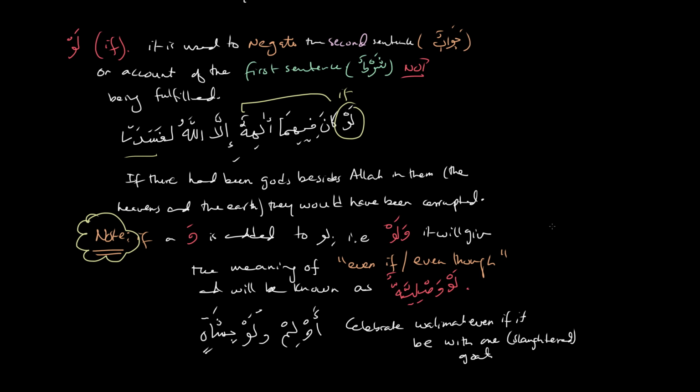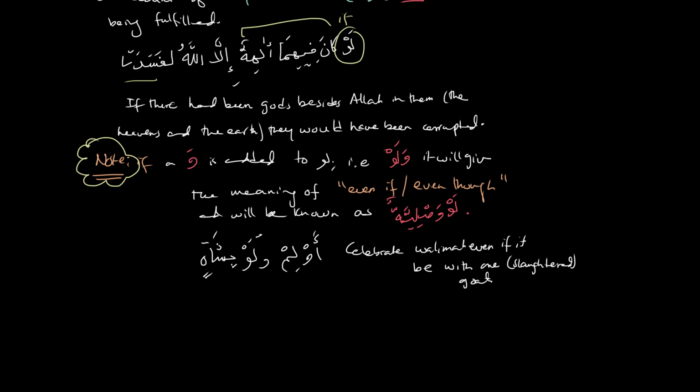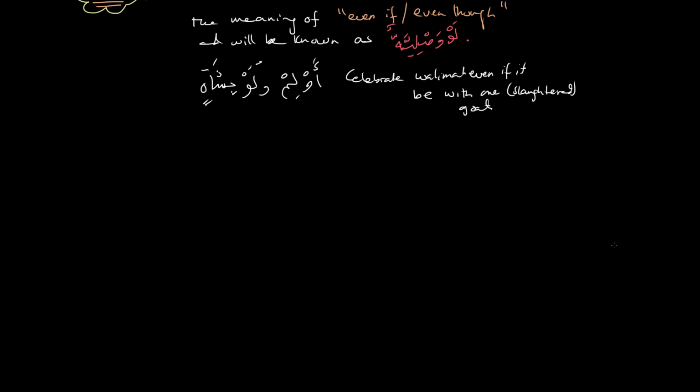And the third category of harf shart that does not give jazm is lawla or lawma. Here's lawla and lawma. If such and such had not been so.